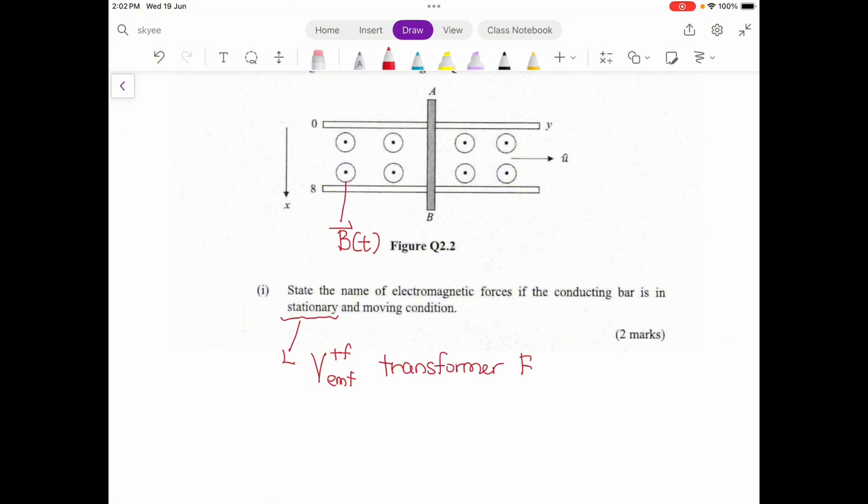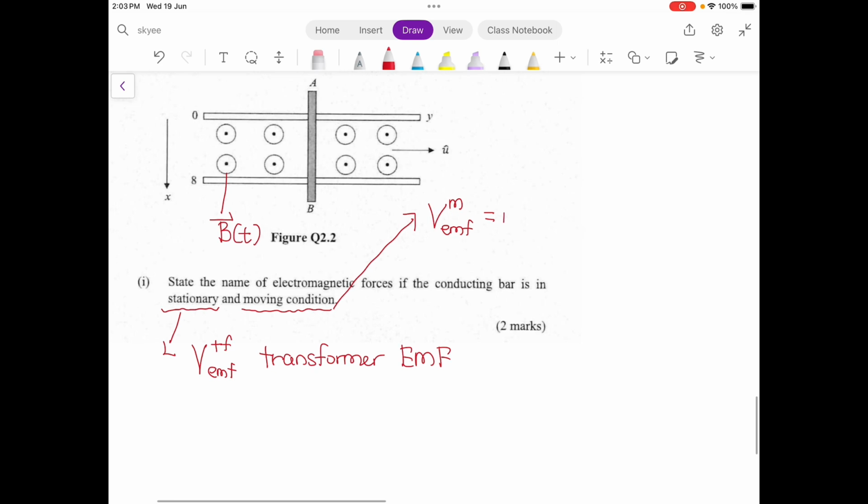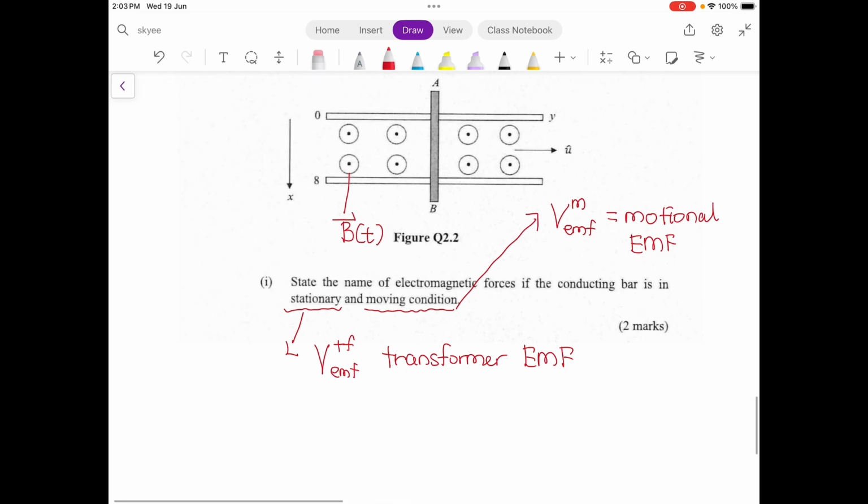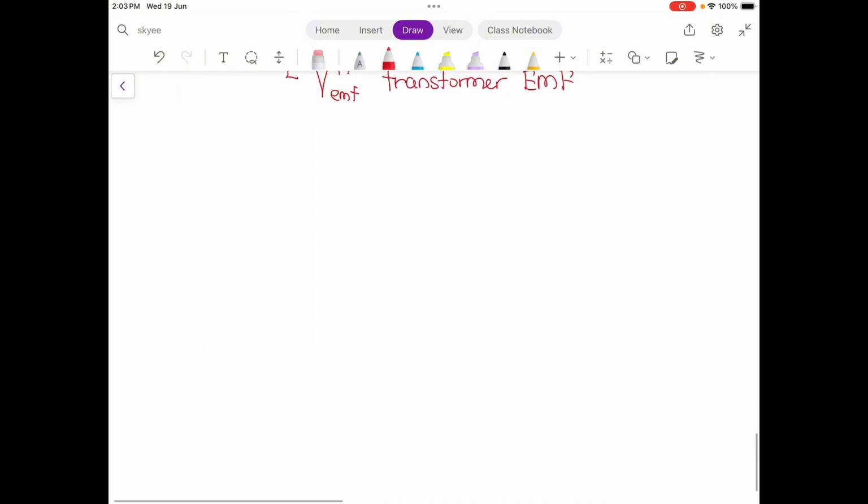Whereas when the conducting bar is in moving conditions, this one will be motional EMF. So you could write it down as motional EMF. This is the answer for question number 1.